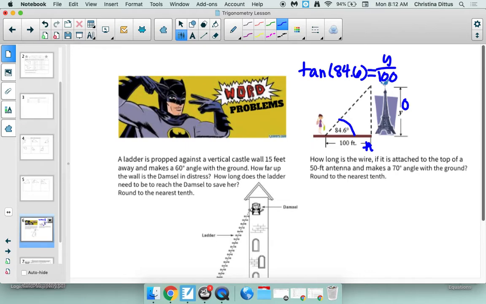Remember on Friday, we learned to stick tan of 84.6 in and round it to 4 decimal places. 10.5789. Equals y over 100. So how do I get y by itself? Times by 100, and we get, let's just do nearest foot, 1058, right?